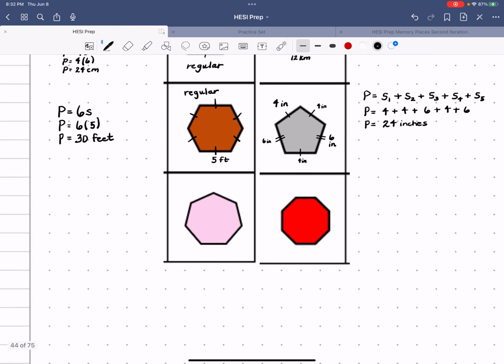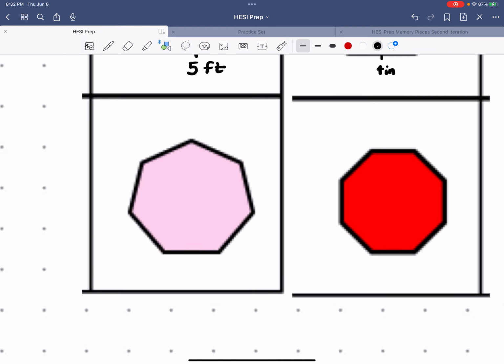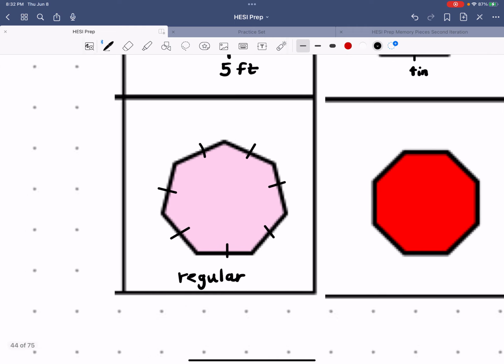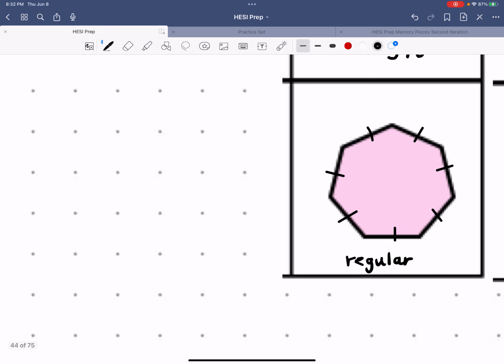All right. This one looks like it's probably regular. So we're going to pretend that it is, meaning that all of the sides are the same. This is a heptagon. And as long as it's regular, we can just count the sides. There are 7 of them. And multiply it. So maybe this is 2 miles.